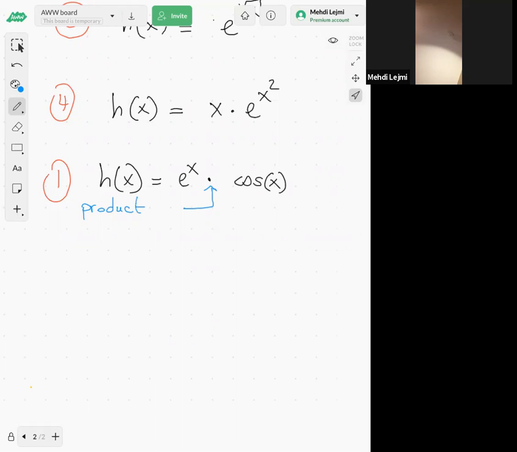So then apply the product rule. What does the product rule say? Let's say this is my f of x, this is my g of x.